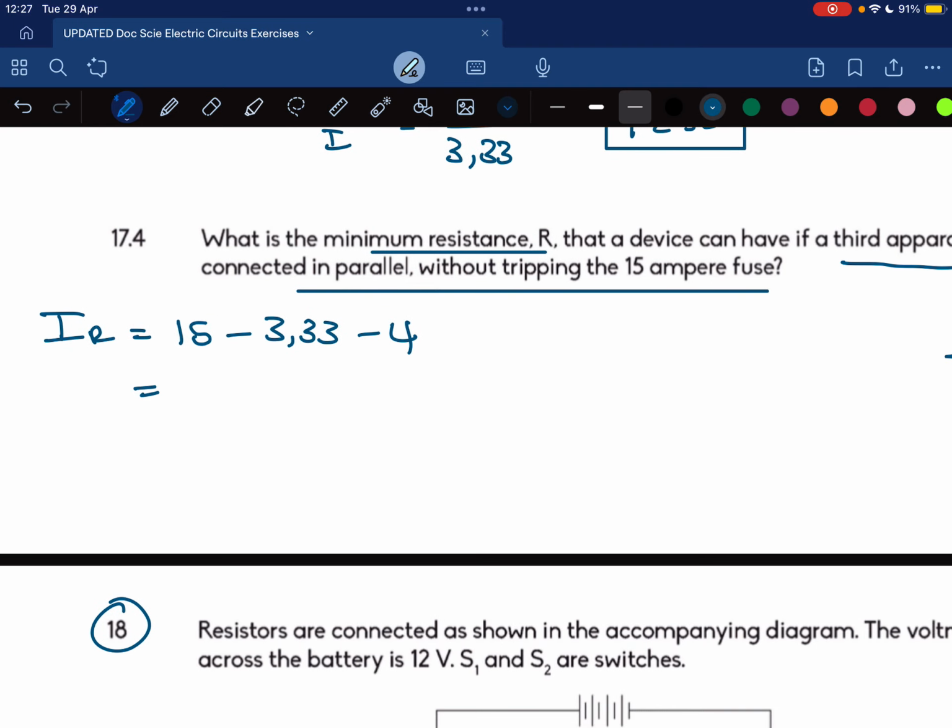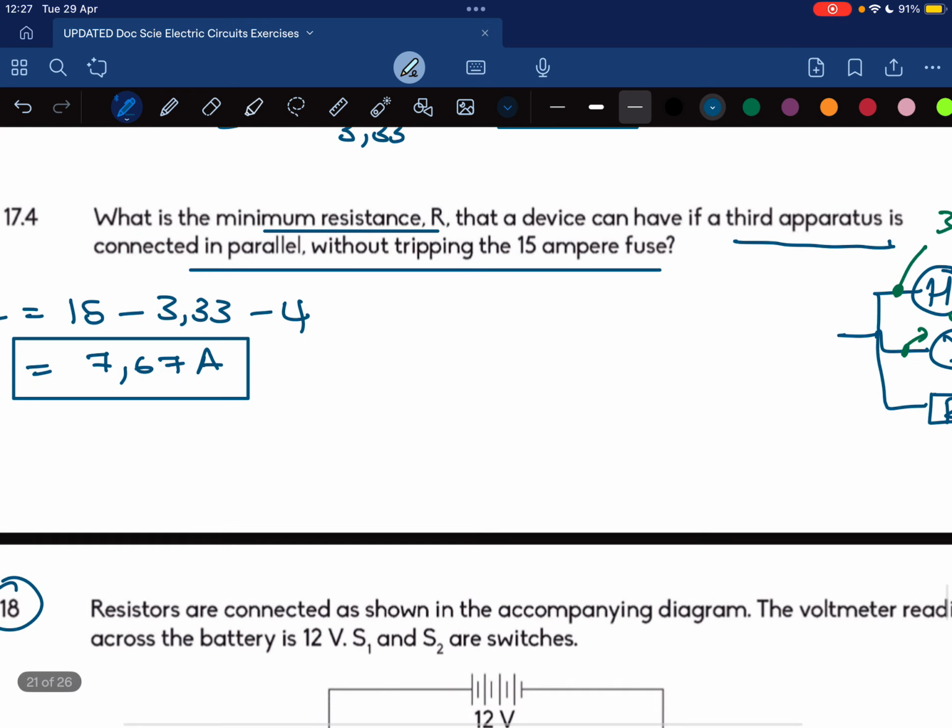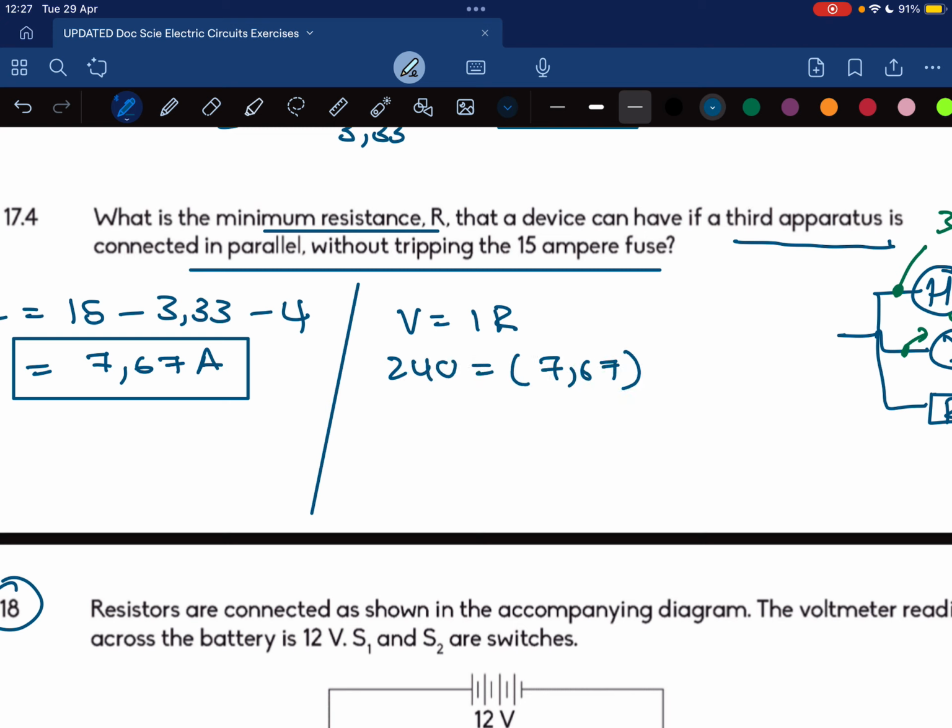That would be 7.67 amps. So this is the current that I basically have left. If I want to know what the resistance is that a device can have without tripping, I can say V is equal to IR. So 240 is equal to 7.67 times R, which is going to be 31.3 ohms.